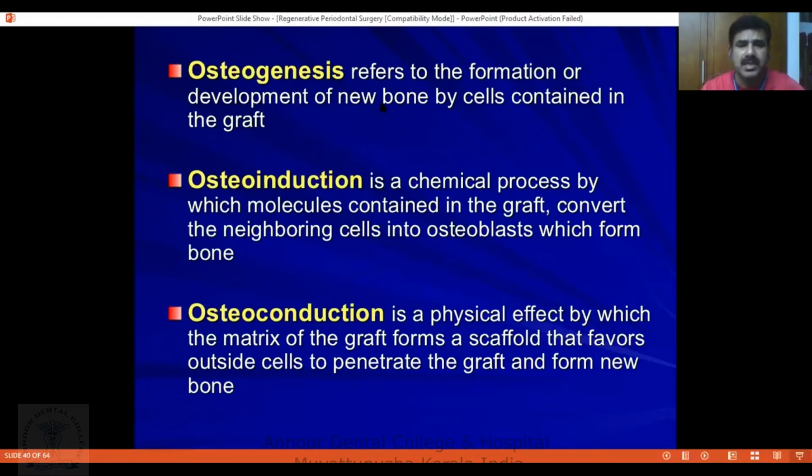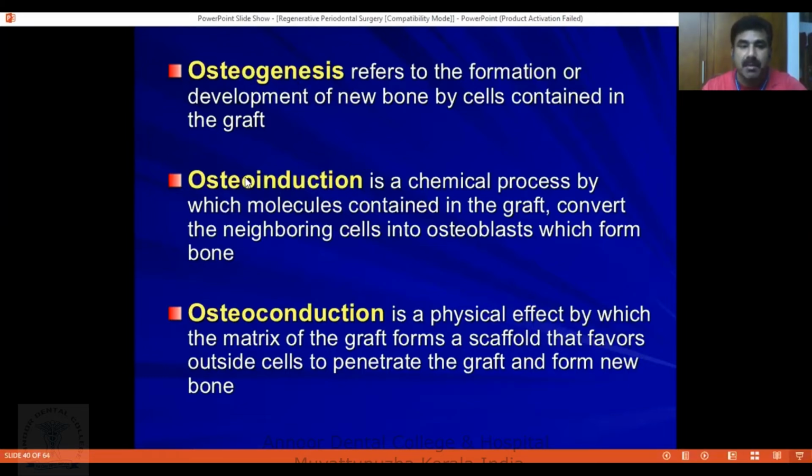When you place a bone graft within a defect, the cells within this graft will start forming new bone. Only one type of graft will satisfy this criterion, that is the graft which contains living bone cells. Which is that bone graft? It is the autogenous bone graft, the graft taken from the same individual. It contains living bone cells and it has the property of osteogenesis.